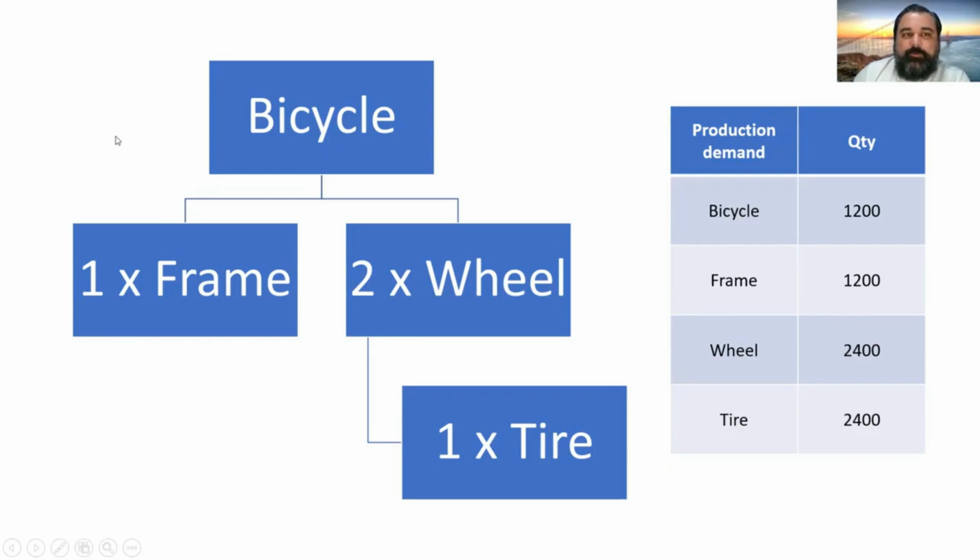This is the BOM, bill of material level 0. This is the sellable product, the end product. This is the BOM level 1. So these are components or systems that are used to assemble the BOM level 0.